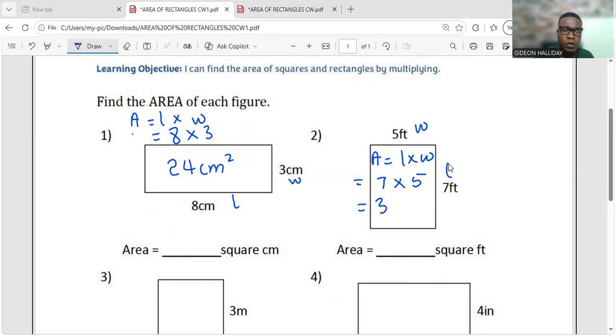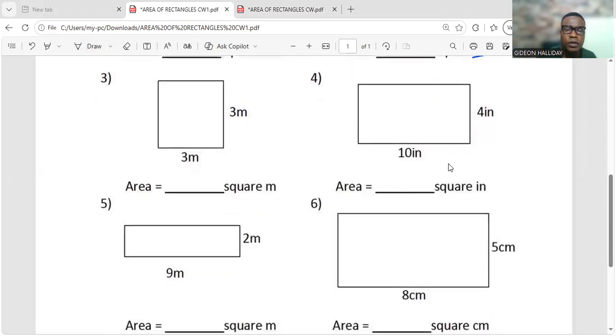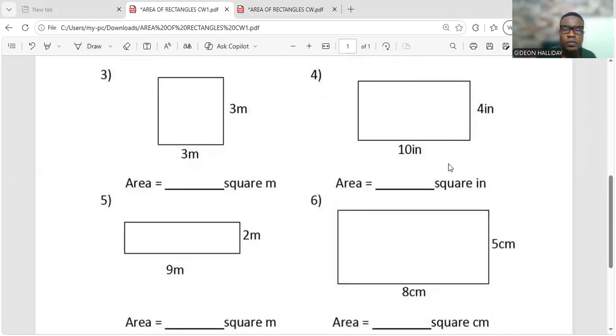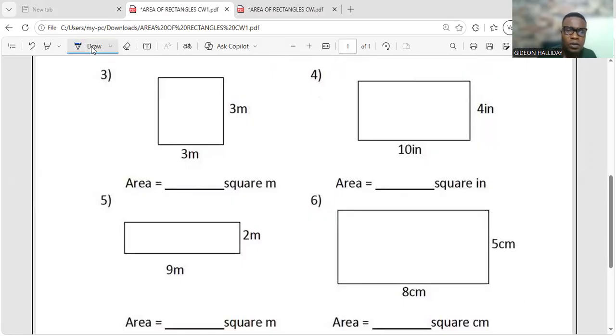Oh, there's a place to put the answer. So here's 24. Now you see the answer is in feet. So 35. We have the units there already. Now for this one, you just multiply and that's all. So this is 3 times 3, that's 9.